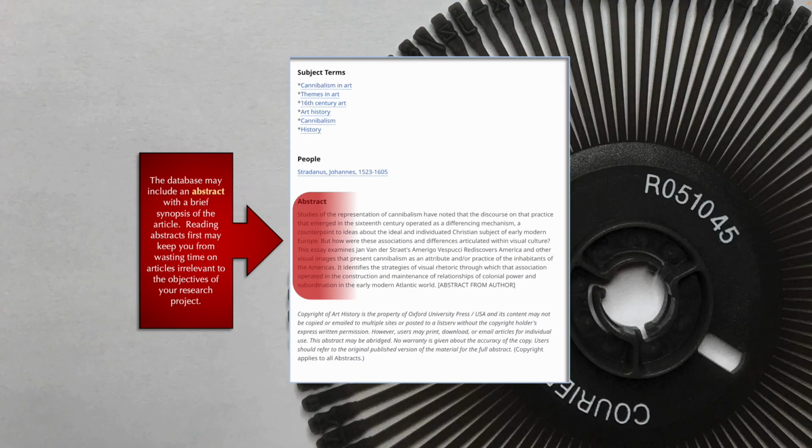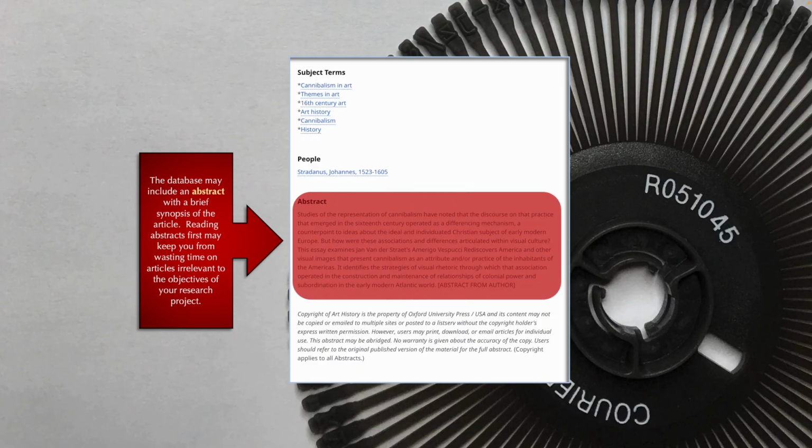The abstract, these are very useful as well. Not all articles will have an abstract, but if it does, it's a brief synopsis of the article, like a little summary. Reading abstracts first may keep you from wasting time on articles that are irrelevant to the objectives of your research project.